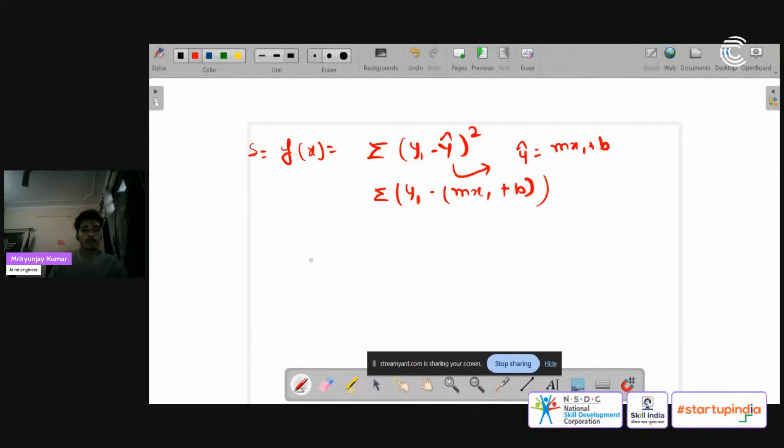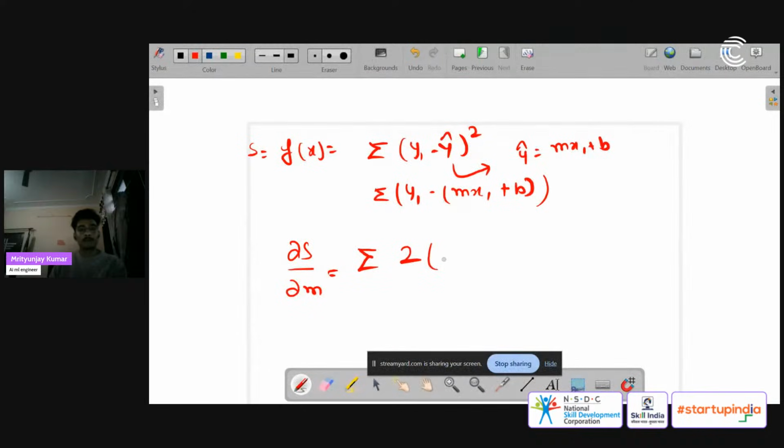Now we are going to differentiate this whole equation. So what will we get, ds by dm? The summation stays for all the constant values. The square will come down and it will become 2, and there is the minus, right?